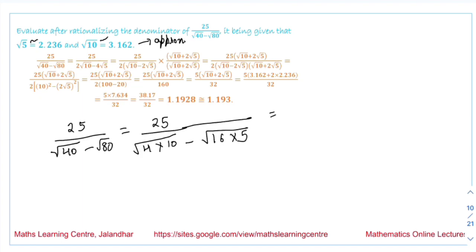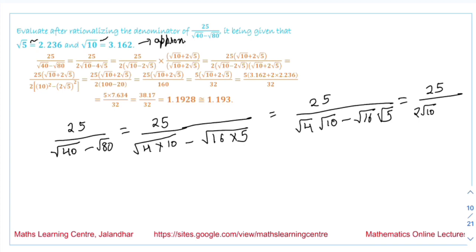So we get 25 over square root of 4 into square root of 10 minus square root of 16 into square root of 5. That is equal to 25 over 2 root 10 minus 4 root 5. So this number is equivalent to this number.